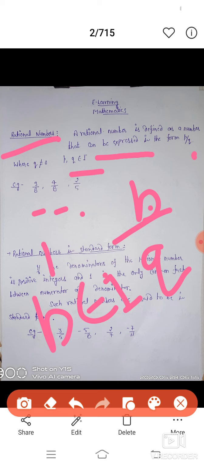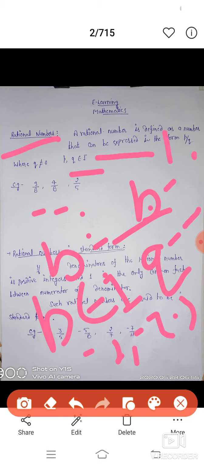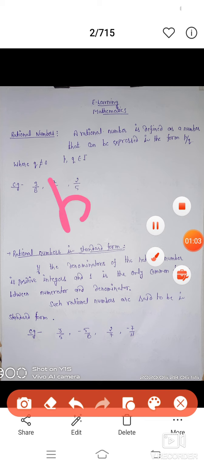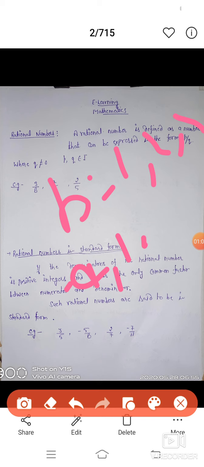Means p may be equal to -1, -2, -3, up to -1000, and also p may be equal to 1, 2, 3, 4, 100, 102. P can achieve any value, but p must belong to integers.